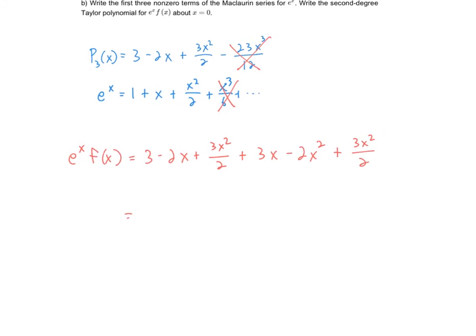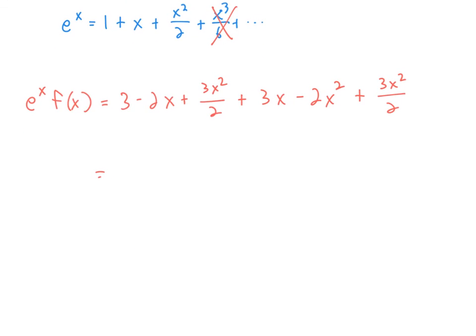So this will approximate. Now I'll just clean this up. Actually, let's do the constants first. There's only one constant, that's 3. Done with that. And then as far as the x terms go, we just have those 2.